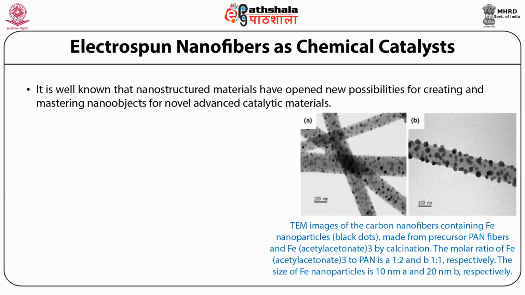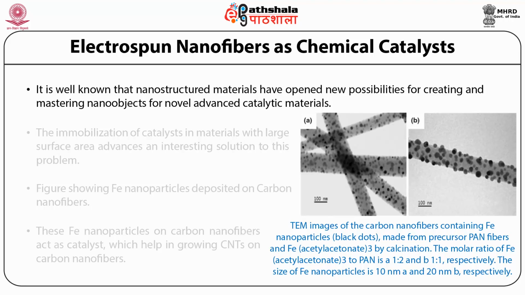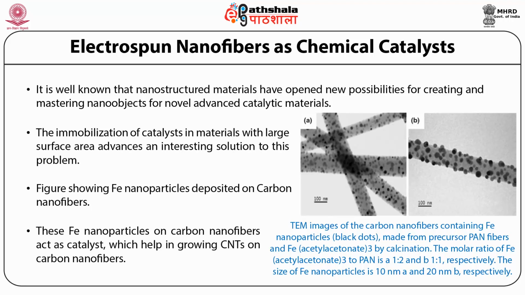A crucial step in catalysis is how to remove and recycle the catalyst after the reaction. The immobilization of catalyst in material with large surface area offers an interesting solution to this problem. Taking advantage of large surface area and high porosities, electrospun nanofibers as a novel support for catalyst have been widely investigated in the catalyst field.